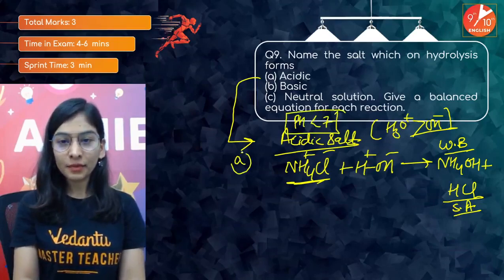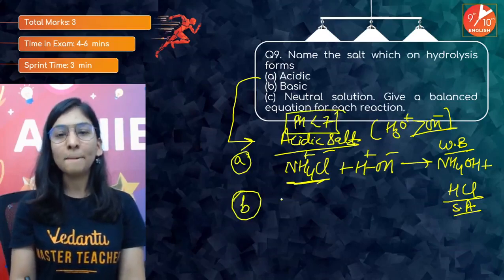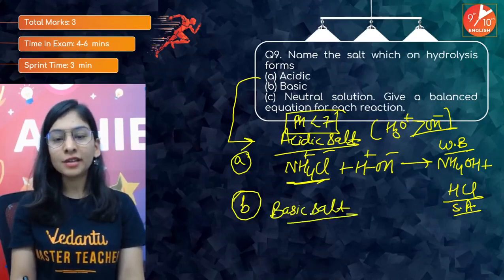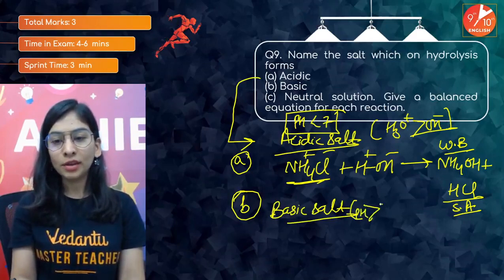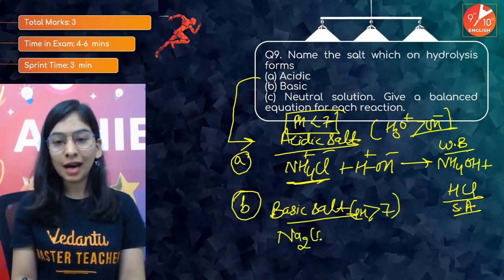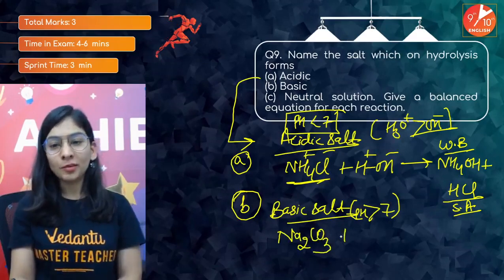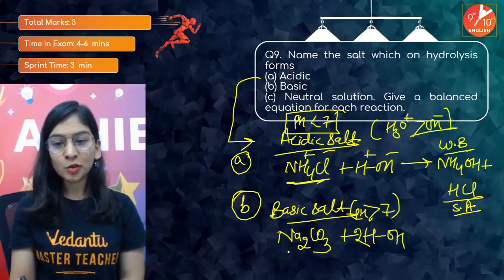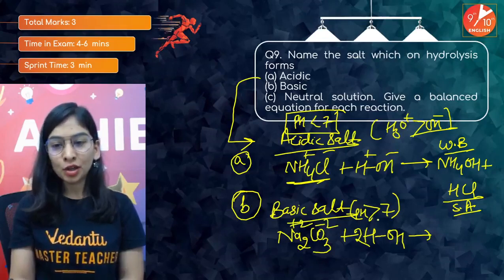Awesome. Let's talk about the B part, basic solution. Basic salt: on hydrolysis, this must give a basic solution, that means pH more than 7. I'm taking one more example, sodium carbonate. That's my basic salt, because if you put it into water, again take 2 molecules because we have 2 Na, and exchange of ions: 2 Na, 2 positive, 2 H, 2 positive, 2 OH, 2 negative.